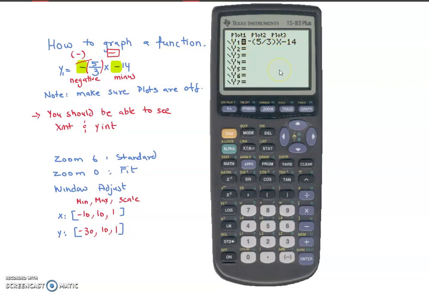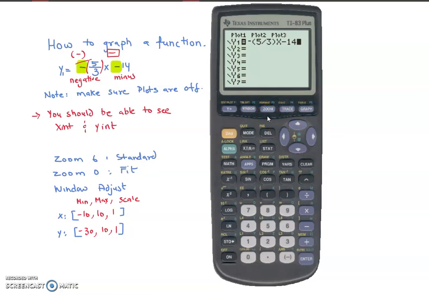Now, when we see the graph, you should be able to see both the x and y intercept. We're going to start off by going under and doing zoom 6. The reason I go into zoom 6 and don't hit graph right away is because I don't know what my previous windows could have been.